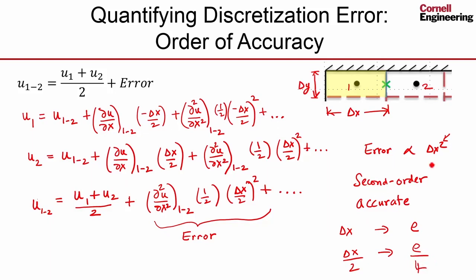Because it's second order accurate, this is going to go down as delta x squared over 2. Whereas if it was first order accurate, the error would go down only by a factor of 2. So you can see the attractiveness of the second order scheme, that the error would go down much faster as the square of the grid spacing.